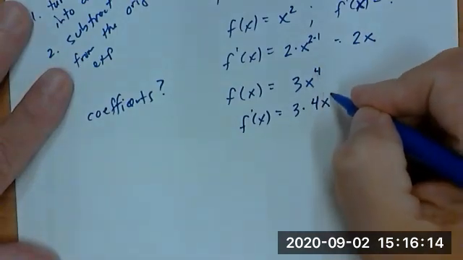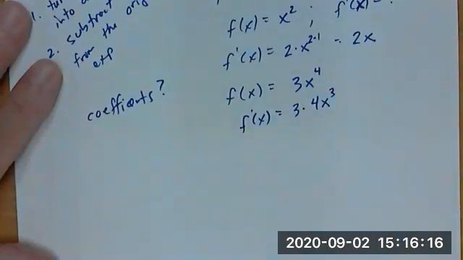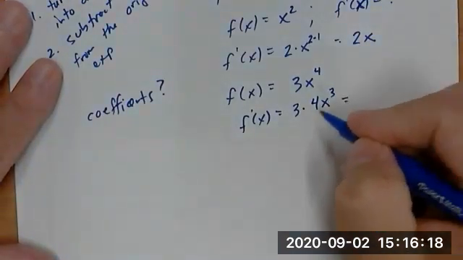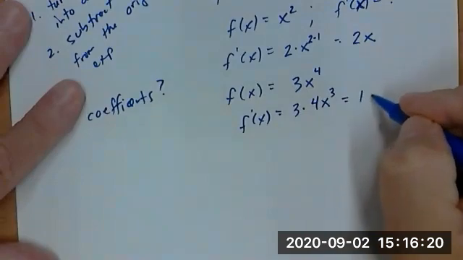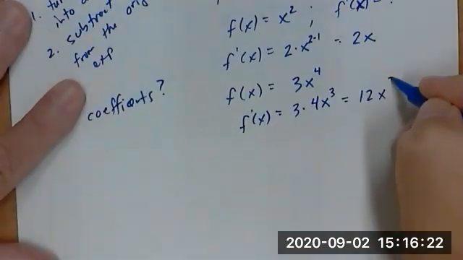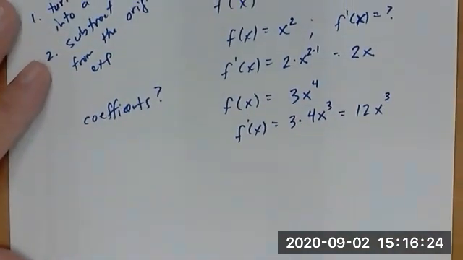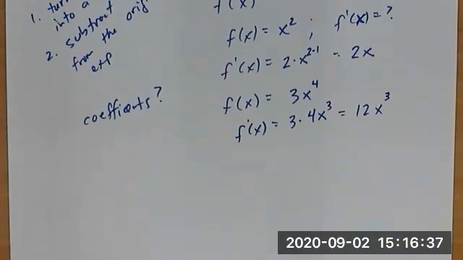You subtract 1 from the original exponent. And then, of course, to simplify, 3 times 4 is 12. So the derivative would be 12x cubed. So the power rule is the very first sort of basic rule that we're going to start using to determine derivatives.